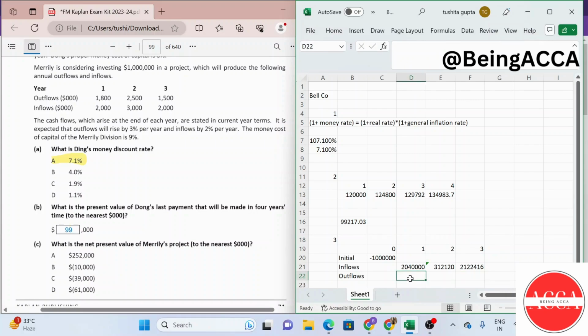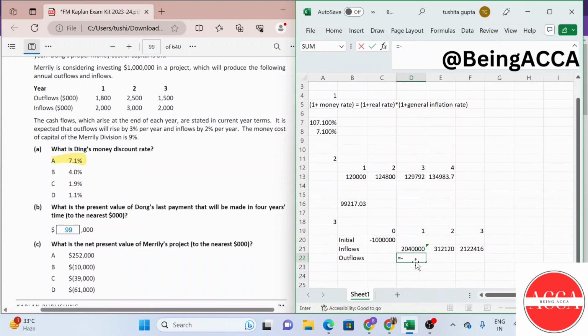Now let's come to the outflows. So as for the outflows, this will be negative 1800,000, and then multiplying this by 1.03 because 3% is the rate given for outflows, right?